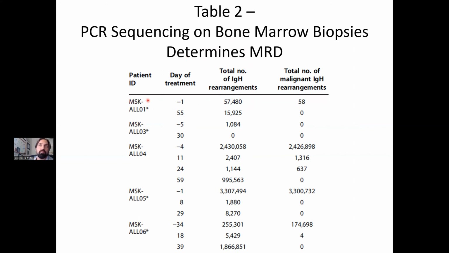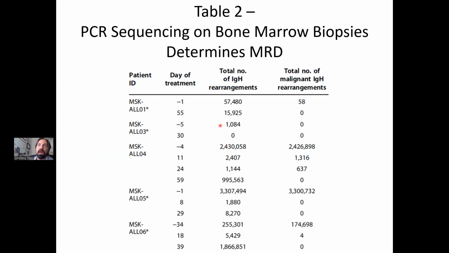Patient 1 had some MRD. There were 57,000 B cells detected in that biopsy. Of those, 58 cells had the exact same sequence. Therefore, I know there's still a tiny bit of cancer left. However, after my T-cell therapy, 55 days later, no cancer at all.